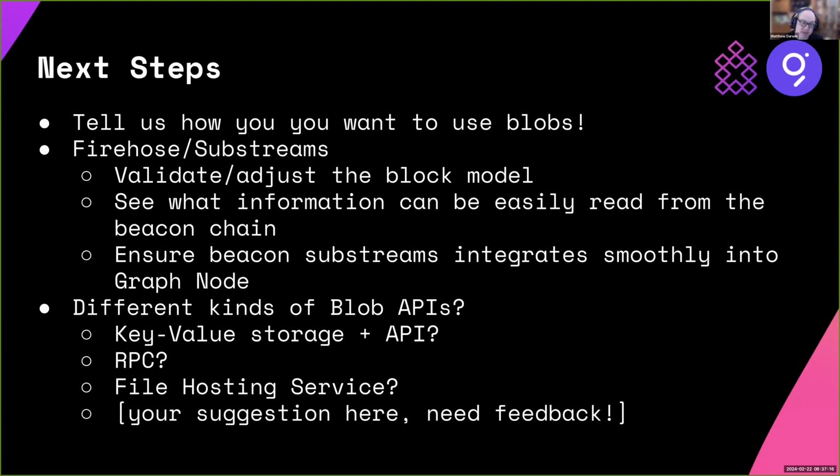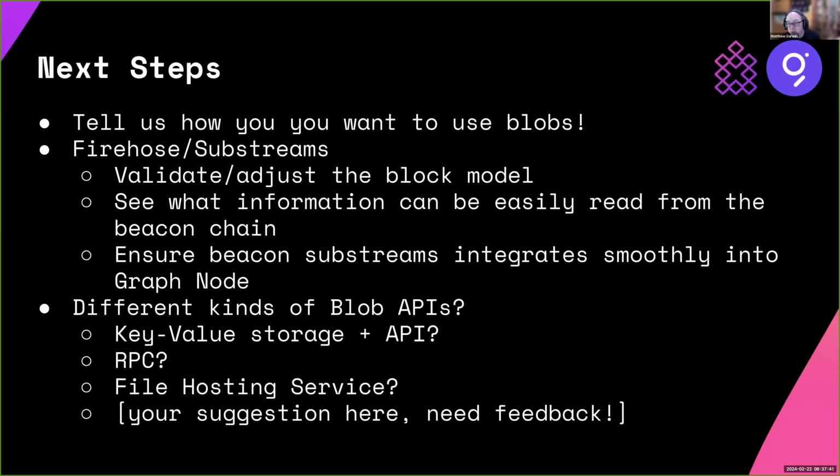Maybe a test case. And then, as Adam mentioned earlier, we have all the new support for allowing substreams to integrate easily into Graph Node and populate data. So we just need to test that implementation and see if it works smoothly. Hopefully it does, but we should just test that. So these are the immediate next steps.